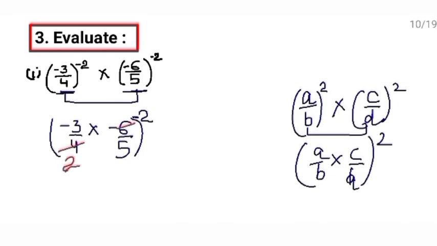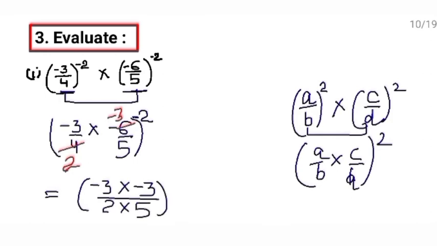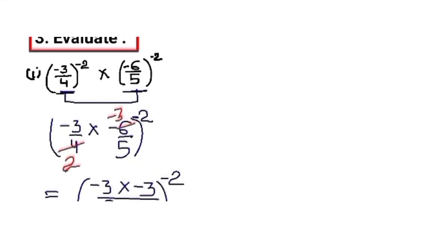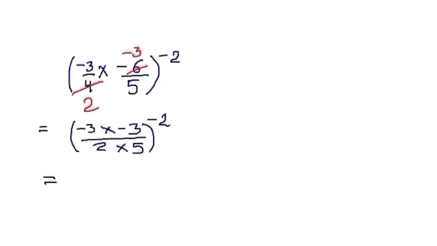Bases are minus 3 upon 4 multiply minus 6 upon 5, and then we will write the exponent, which is minus 2. Now here this denominator and this numerator both are divisible by 2, so cut them. 2 2s are 4, 2 3s are 6 of minus sign. Now in numerator you have minus 3 multiply minus 3, and denominator is 2 multiply 5 and the power is minus 2. It becomes 3 multiply 3, 9. Minus sign is occurring even number of times, so it will be positive.